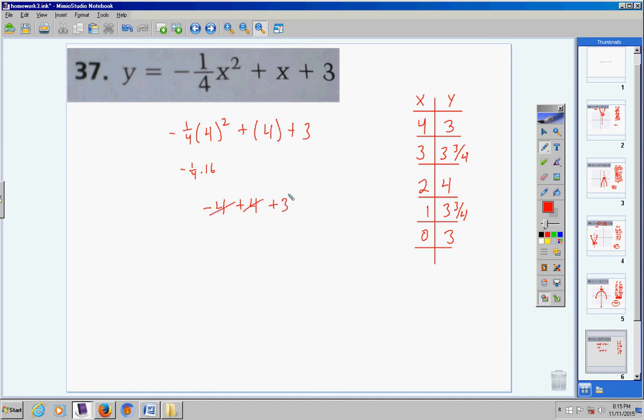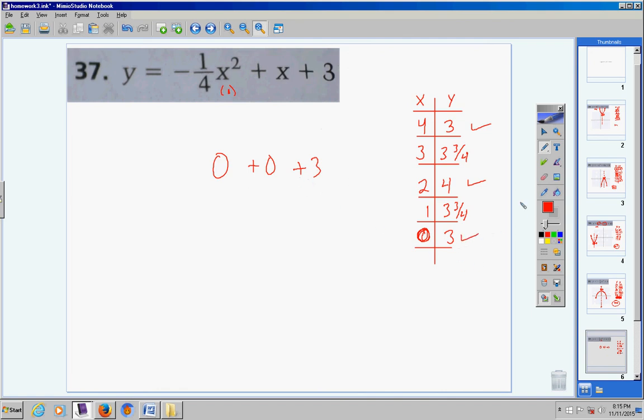These cancel out, leaving you with positive 3. Well, let's jump down to 0 to make sure we get 3 here. Anytime you're putting 0 in for x, it's pretty simple. I'm just going to do it in my head. What's 0 squared? 0. What's 0 times 1/4? 0. Then bring down your positive 3. 0 plus 0 plus 3 is 3. So that checks off.